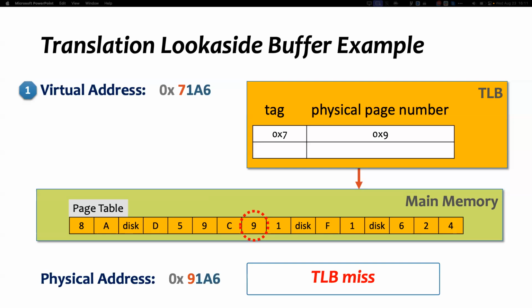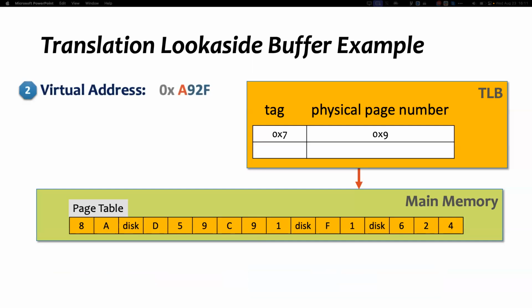The TLB will store this translation. If the tag is 7, I'll search the TLB using the virtual address, right? So if my virtual address has a tag of 7, the translation should be 9. All right. So this was a TLB miss, and then after that, we brought the translation from the main memory into the TLB buffer.